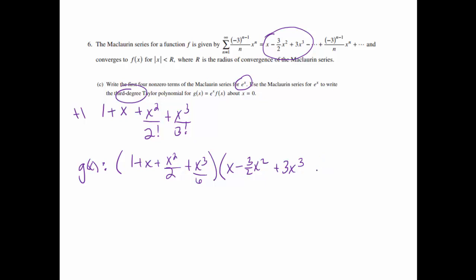And if we wanted to use our answer from part A, we could actually go one more term if we wanted to. Okay, so now we just want to find that answer, and it's going to be a third degree Taylor polynomial, so we're just going to do lots of foiling.